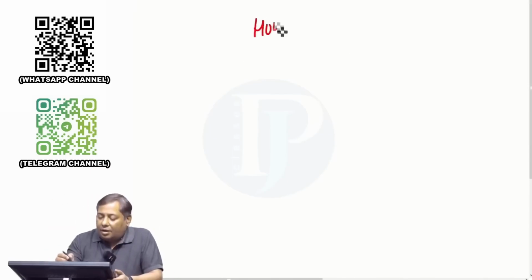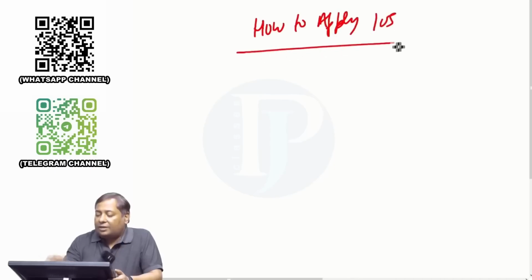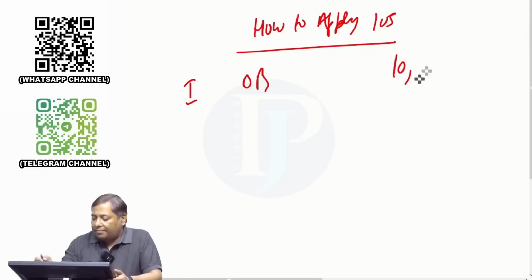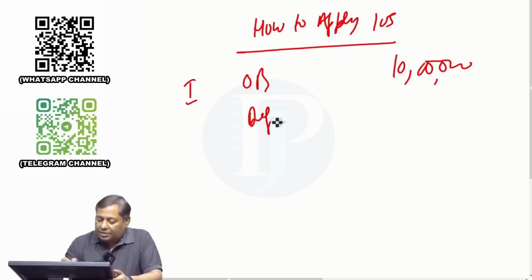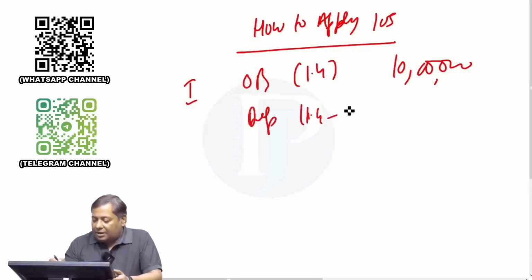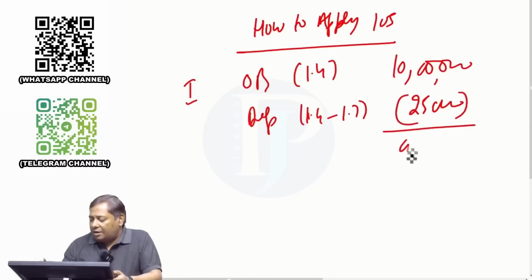First, how to apply. First, let us revise this. How 105 applies. In the first step, we will write the opening balance, rupees 10 lakhs, then we will apply depreciation on it for 3 months, from April to July. It will cost 25,000, then this carrying amount will come to 975.